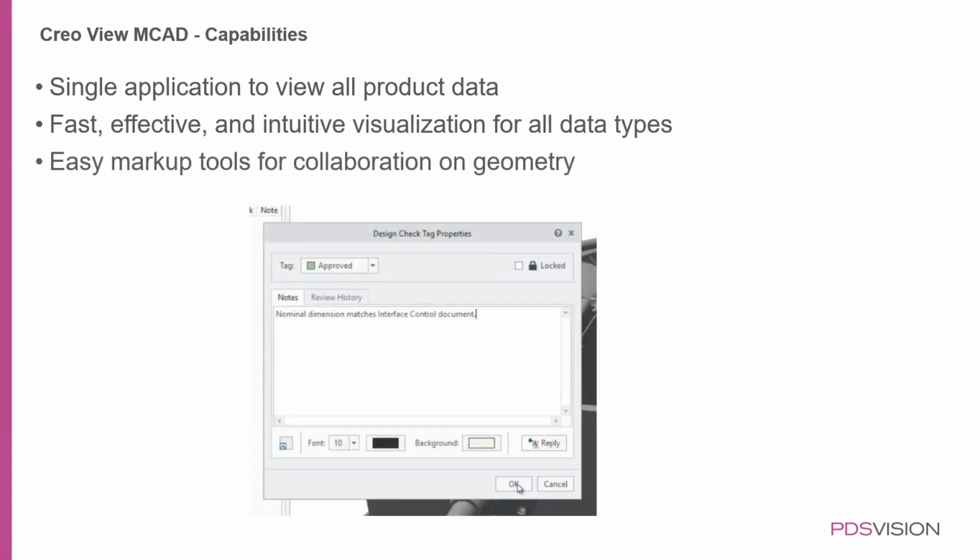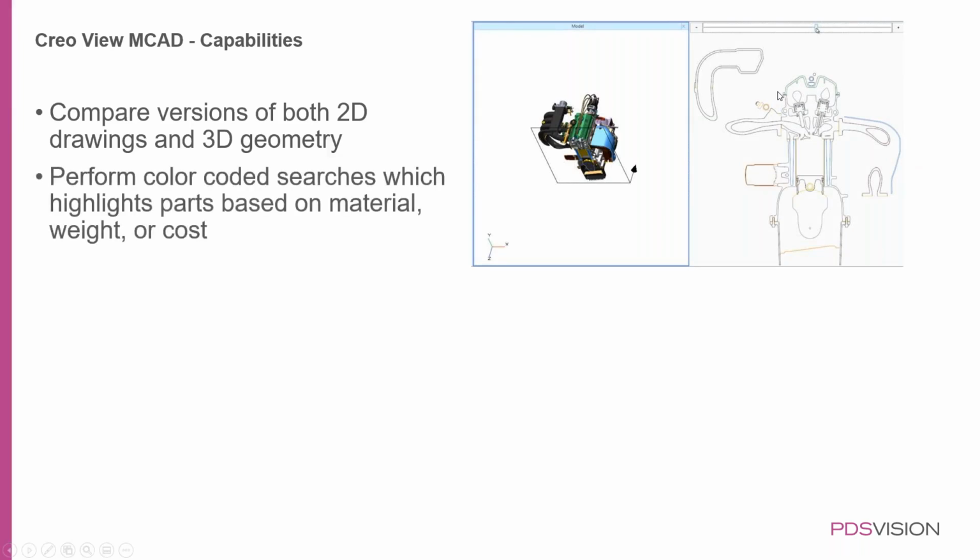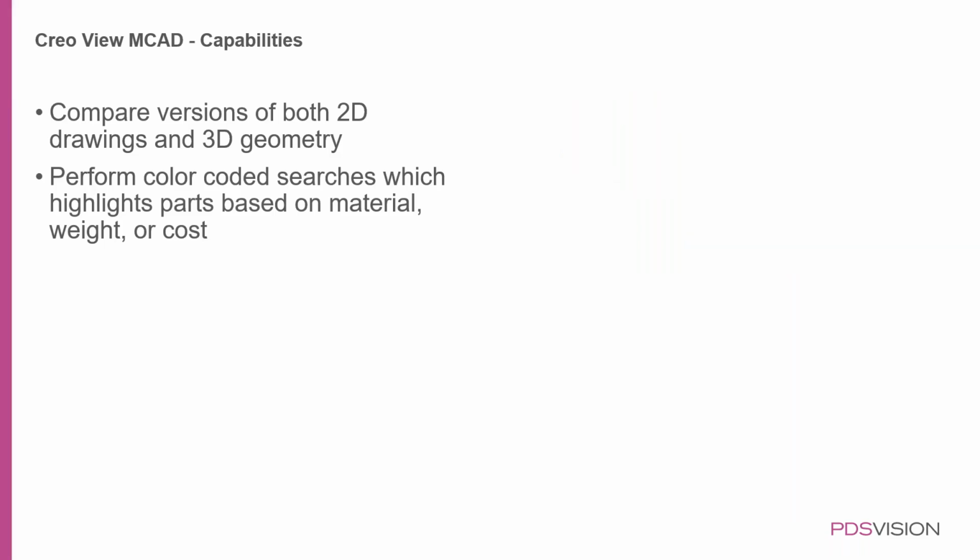We can compare versions of 2D drawings and 3D geometry. So we have 3D geometry, cross sections, 2D. We can perform various searches and analyze various properties, weights, and help determine costs.